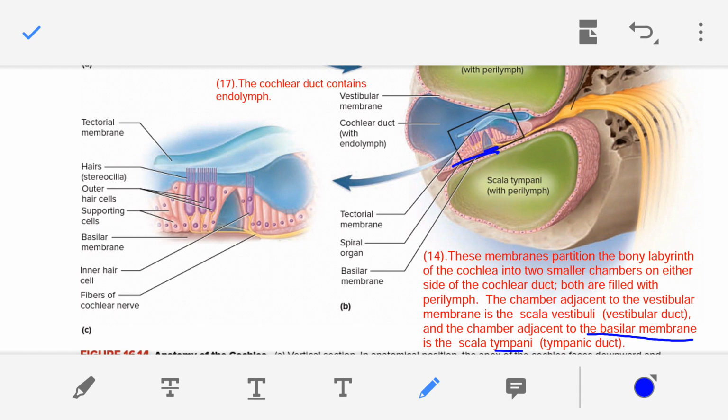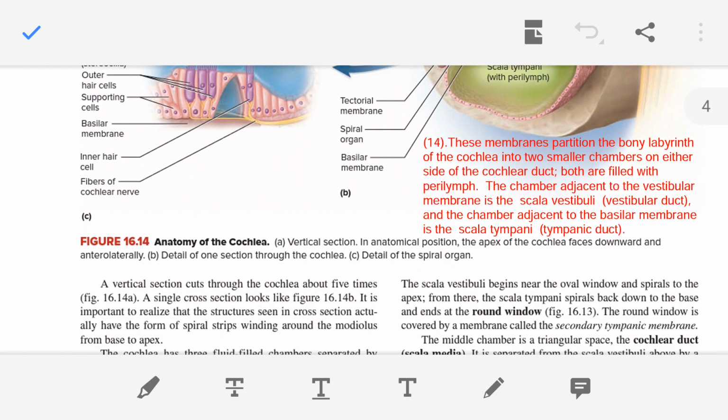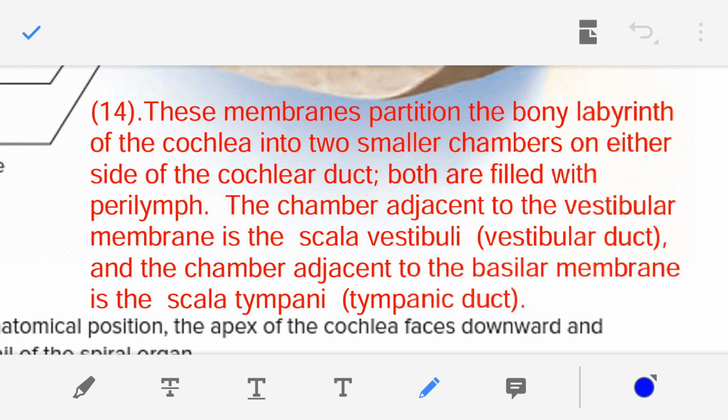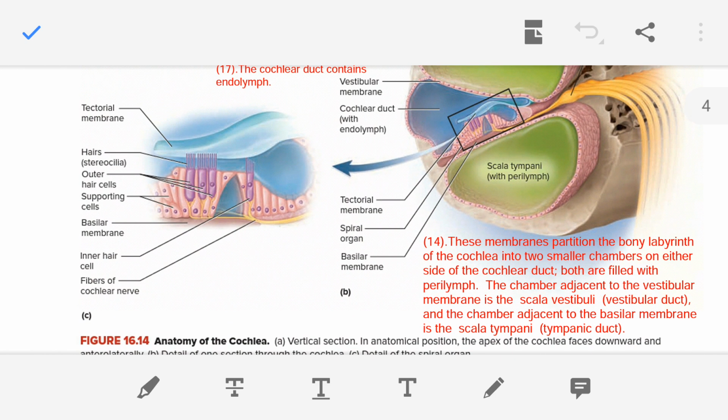This is the basilar membrane, and this chamber is close to it, so it is known as scala tympani, also known as tympanic duct. Scala vestibuli is also known as vestibular duct. So this is point number 14.